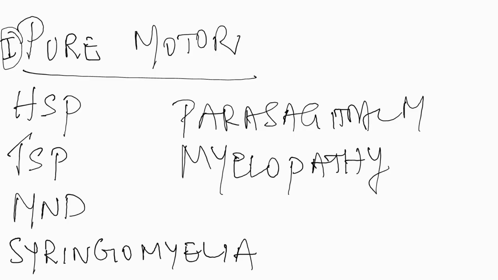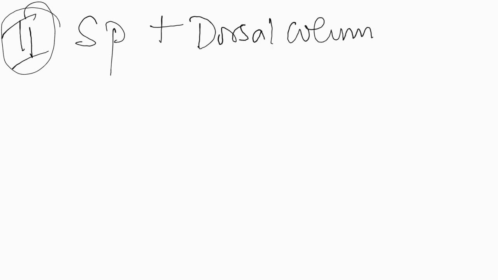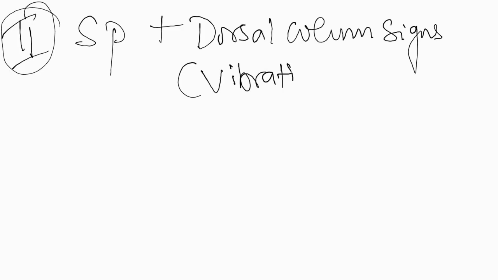Now suppose in the next case you are getting a spastic paraparesis, I'll just mention it as SP, plus you are getting dorsal column signs. What are the dorsal column signs? Loss or impairment of vibration and proprioception.